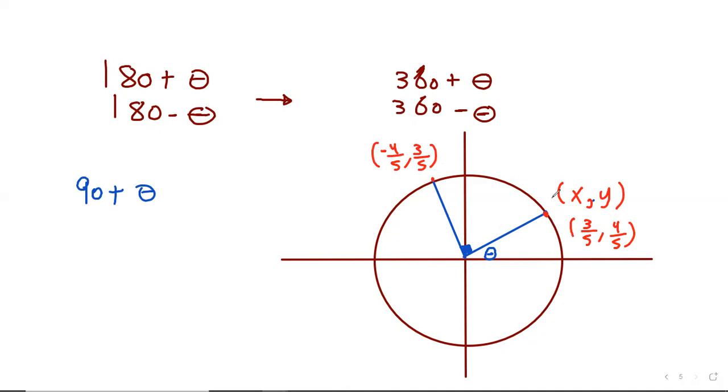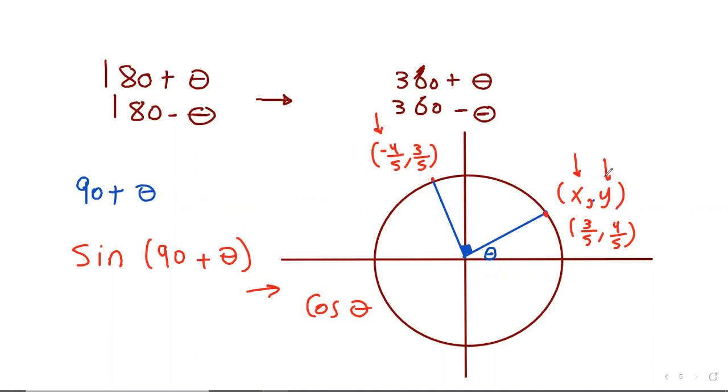I replaced X with Y and Y with X. So sine 90 plus theta will be cosine theta. Why is that? Because X is replaced with Y: here 3/5, for instance, and here negative 4/5. And Y, which was 4/5, is replaced with 3/5.